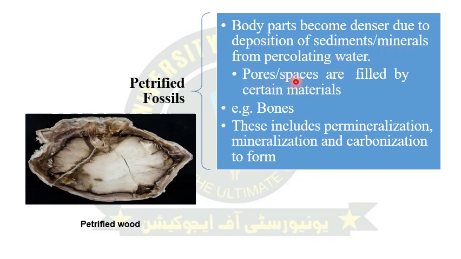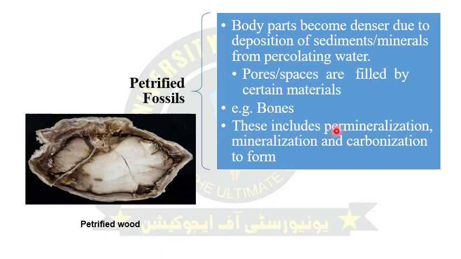The pores or spaces present in the body are filled by certain materials, for example in bones. One type of bone is the spongy bone. So the pores in those parts are filled by different materials or minerals which were present in the surrounding medium where the bones are fossilized.